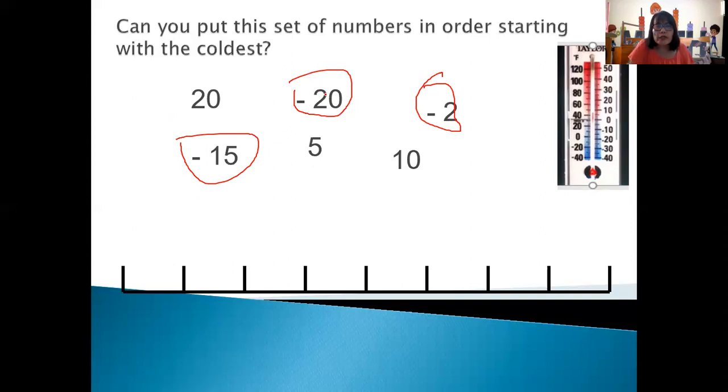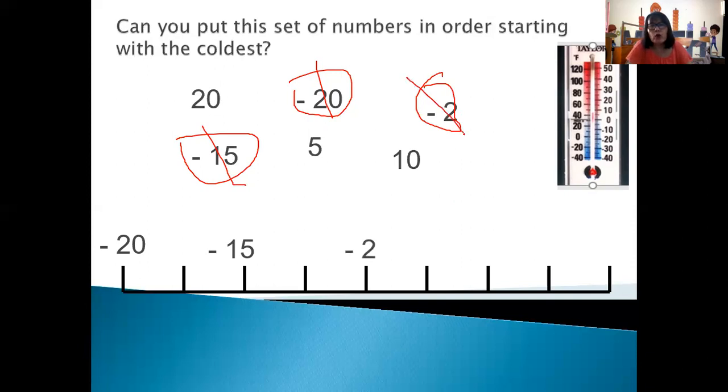So which one here is the coldest, or which one is the smallest? Yes, you're correct. It's -20. So let's cross out now -20. What will be the next? Correct, -15. And what will be the next negative number? You're correct, it's -2.